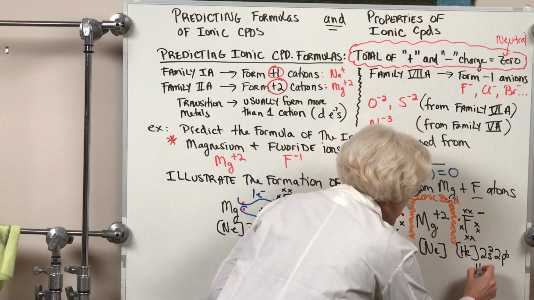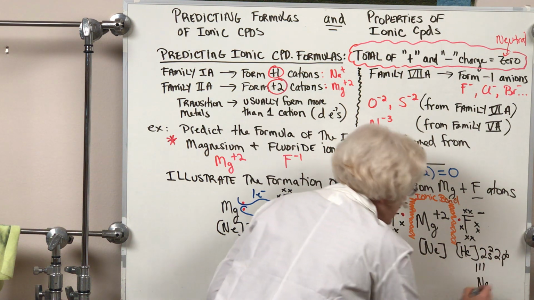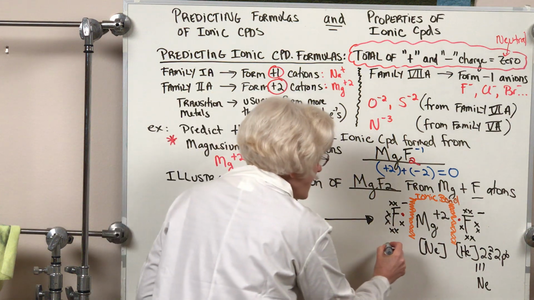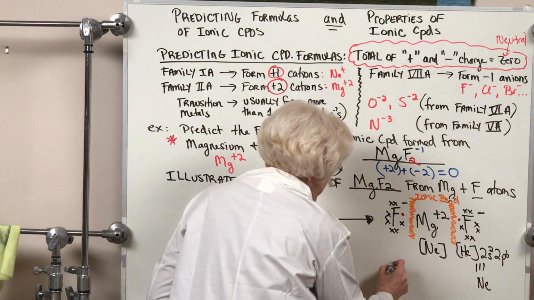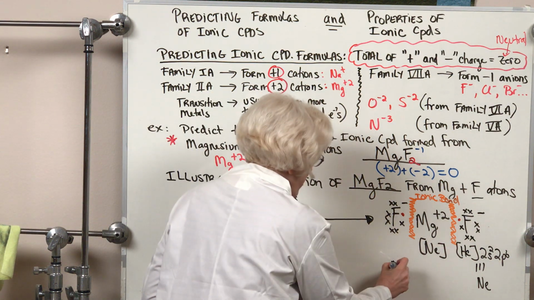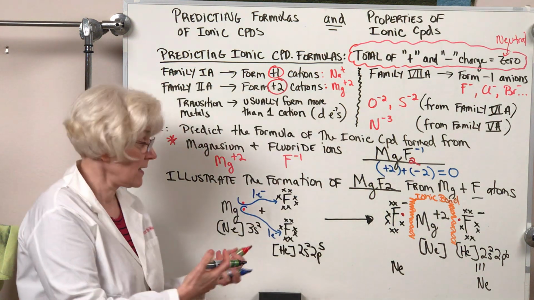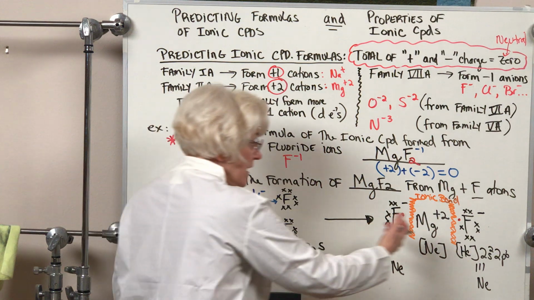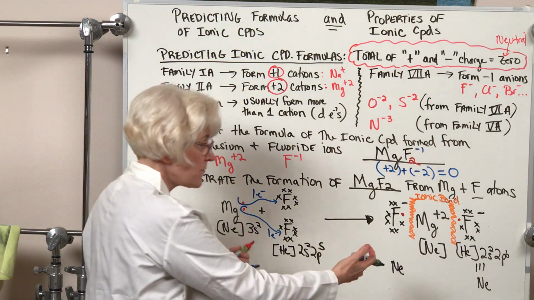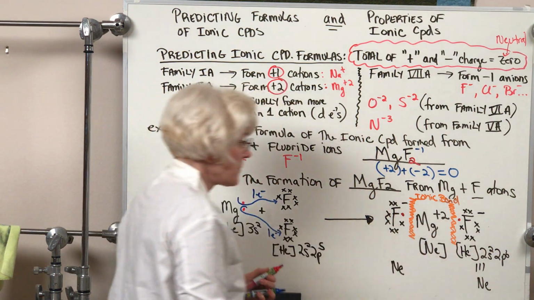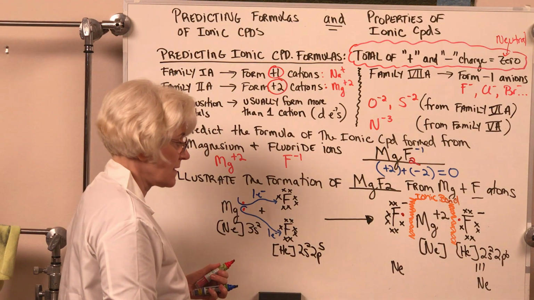In other words, each fluorine now has a configuration like that of neon. So the octet rule is driving what's happening here in the transfer of electrons to form the ions and in the formation of the ionic bond.